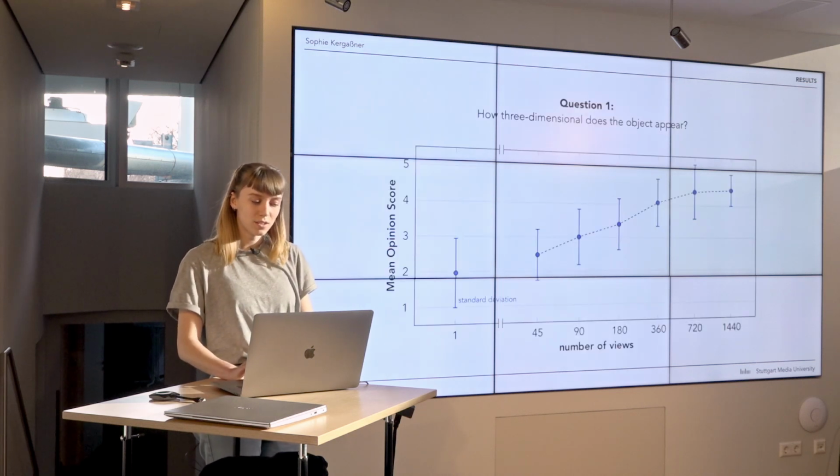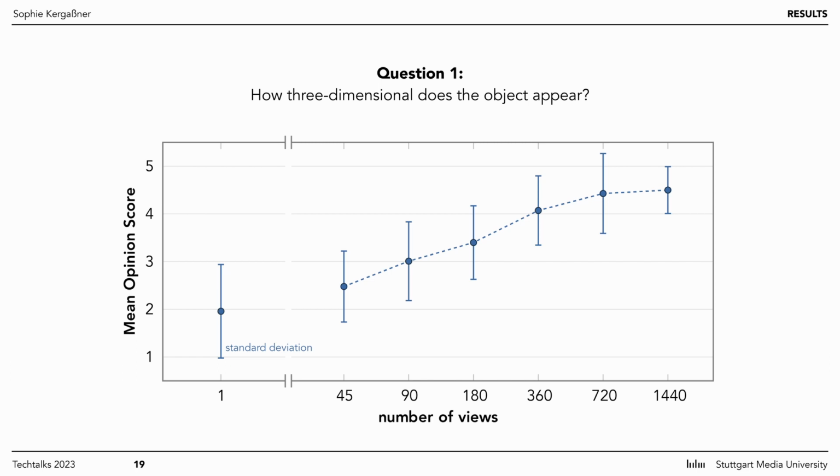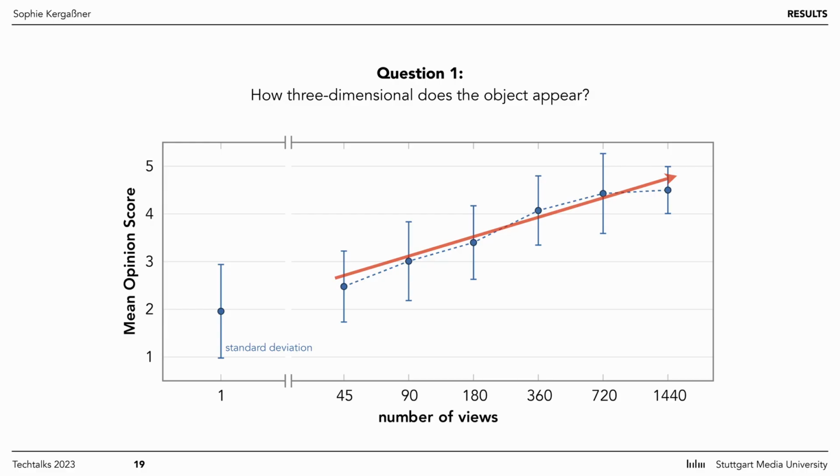So the first question examines a subjective rating on how real the presented object behaves in comparison to real-world surroundings. So it is neither about the quality of rendering nor the effectiveness of the simulated motion parallax, but on the overall appearance and feeling of the object and the setup. And we can immediately see that the ratings rise with a higher number of views, so that's good.